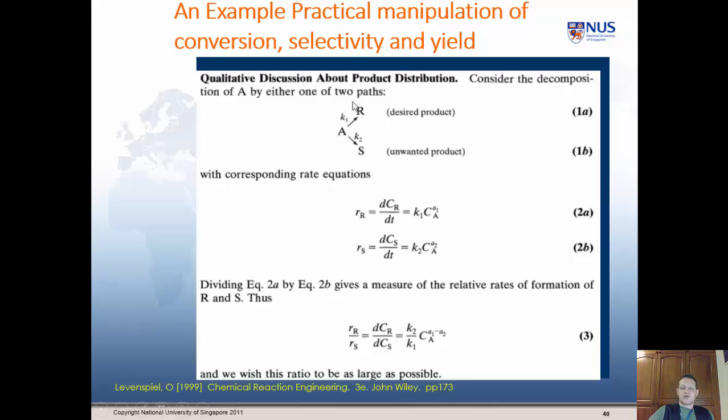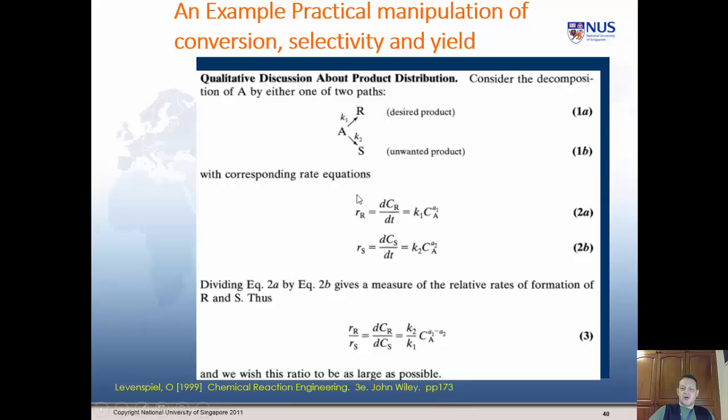First of all, write the scheme out so you're very clear about what scheme you've got. If you've got the wrong scheme, then unfortunately everything else is going to go horribly wrong. Write out the rate equation for each of the paths.